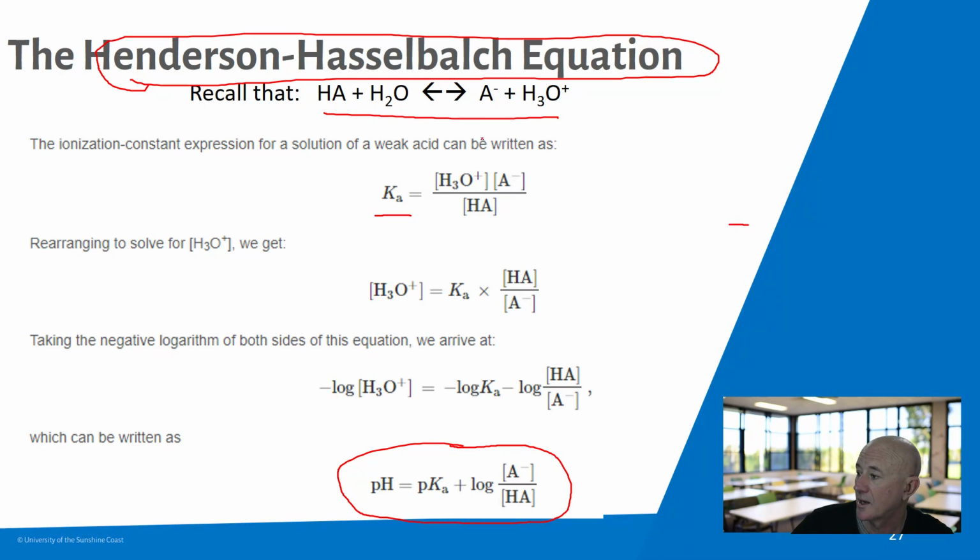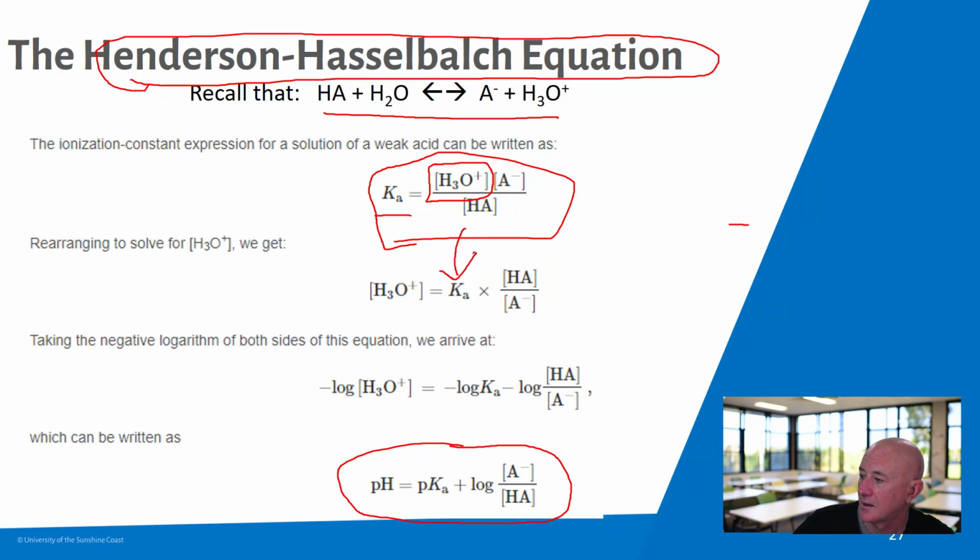So there are the products, A- and H3O+, over the reactant, which in this case is HA. And remember, you don't put the water in because water's a constant. Now, what we're going to do is rearrange this equation. What we're interested in really is getting the H3O+ on the left-hand side of the equation. That's pretty easy to do.